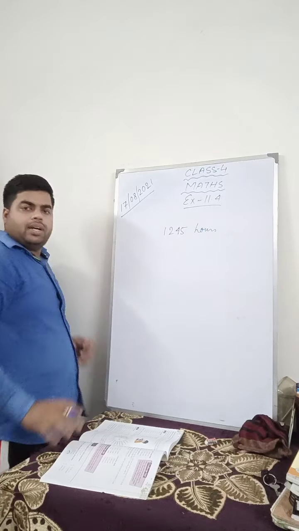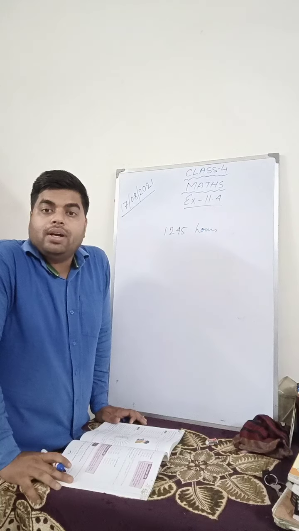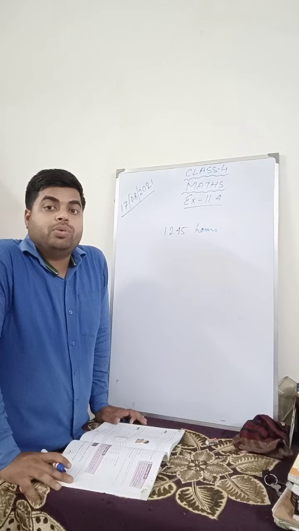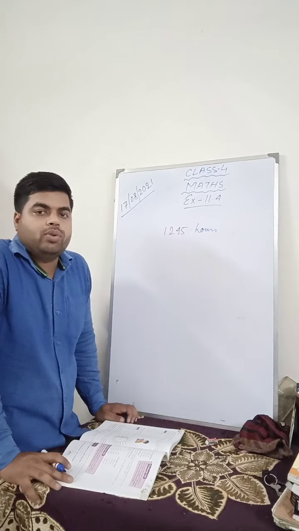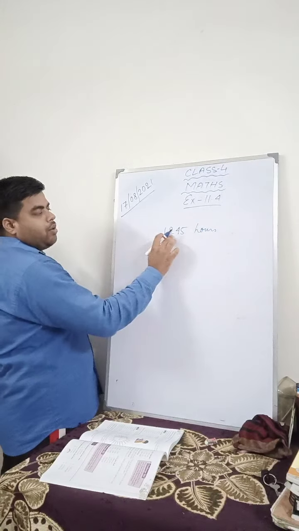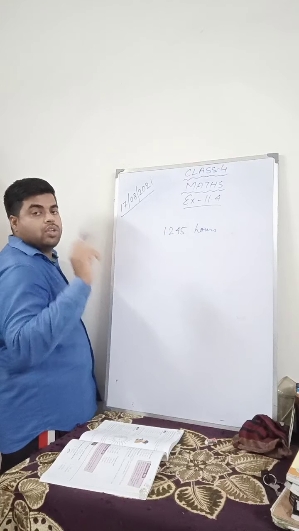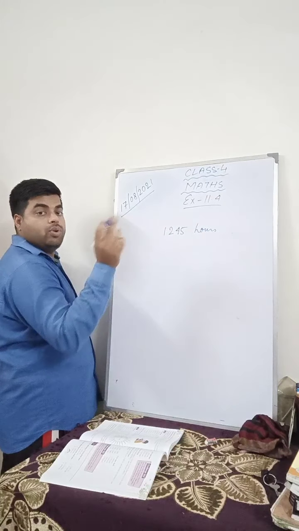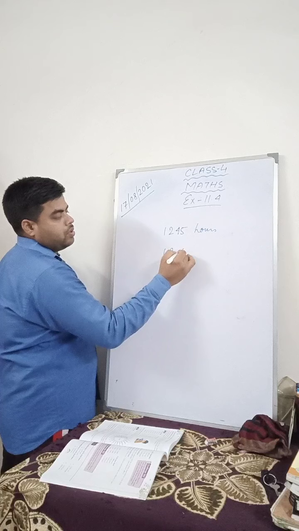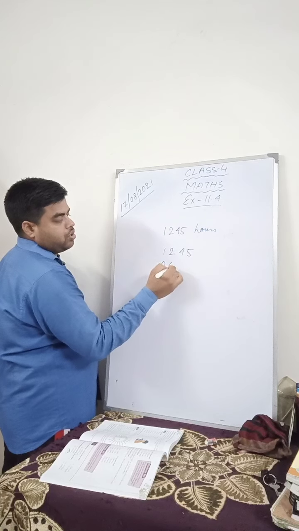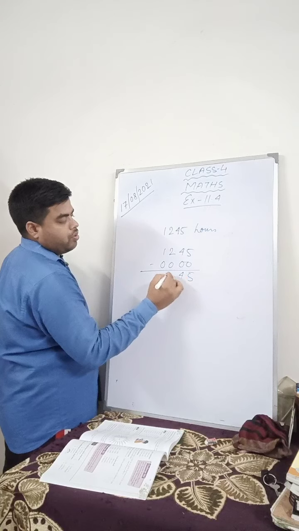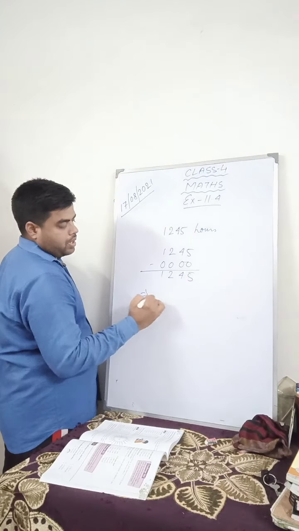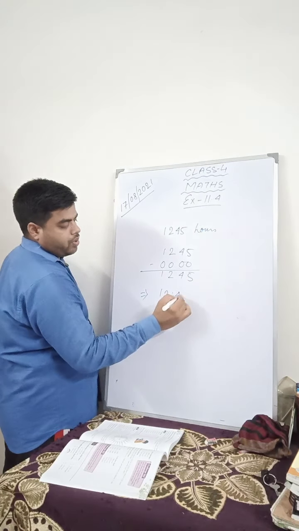Here you could simply subtract 1200, but I said it has to be 1300 or more than 1300, then only you can subtract. Whenever you see 00 or 12 in the hour place, you will subtract only 00. 1245 minus 0000. So the answer is 12:45.